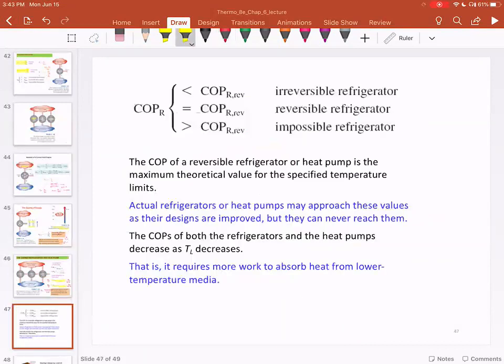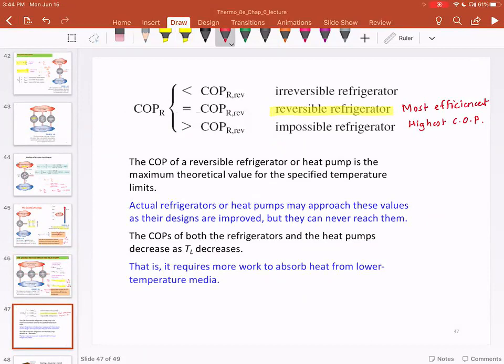Now remember this: just like an engine, a reversible refrigerator is the most efficient, which means the highest coefficient of performance. So a reversible refrigerator or reversible heat pump is the most efficient, the highest coefficient of performance device.